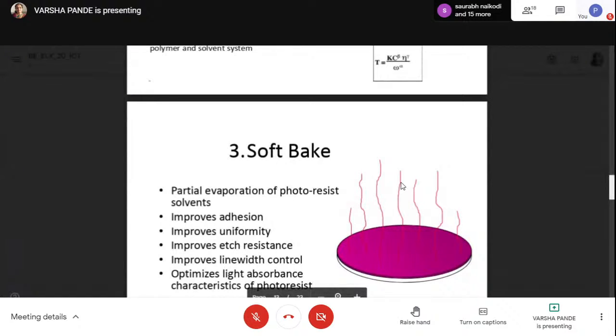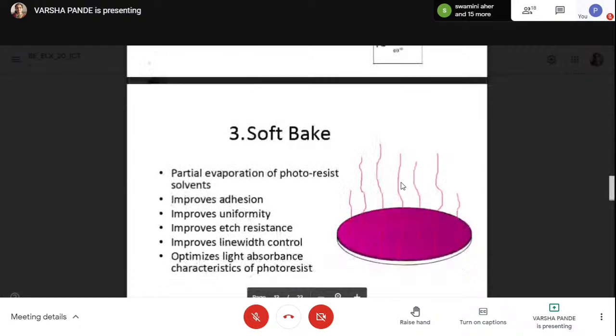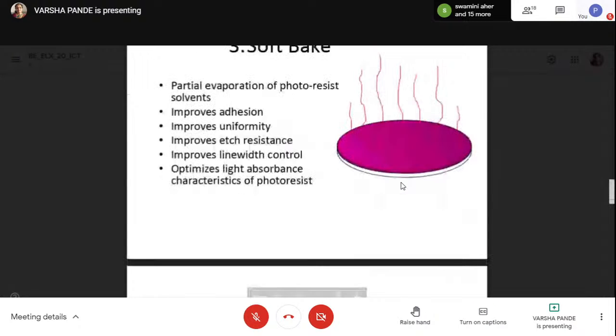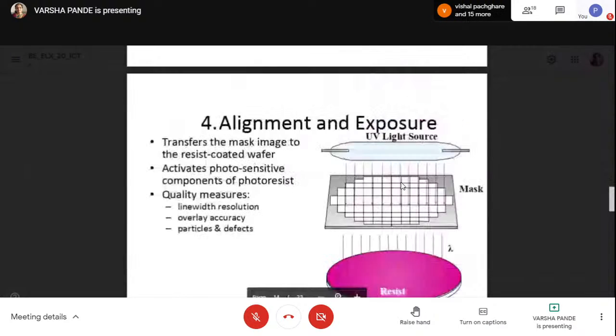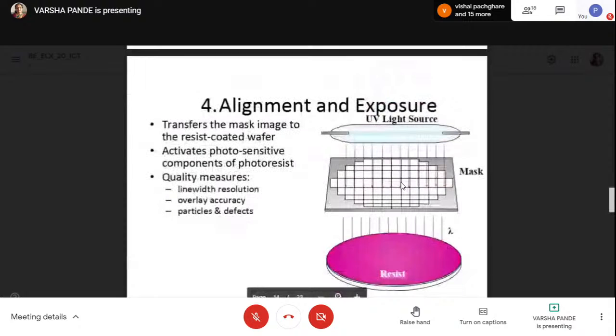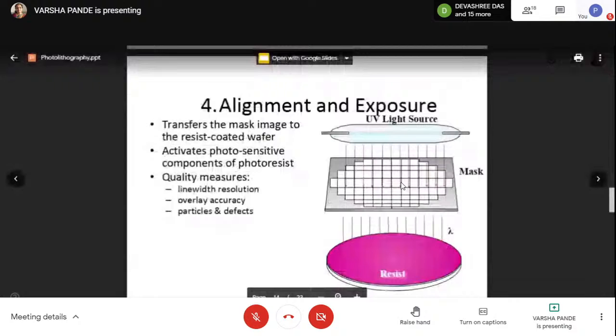Again, if an uneven or unequal layer of photoresist is there, that will be vaporized and removed away. All that will be achieved by using the soft bake. Then after this, alignment and exposure. Alignment means the mask, which we initially have to prepare, will be placed above the resist.